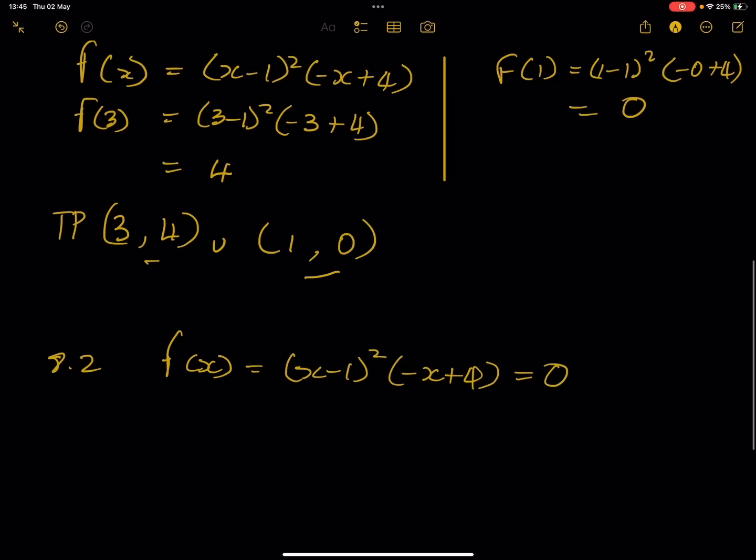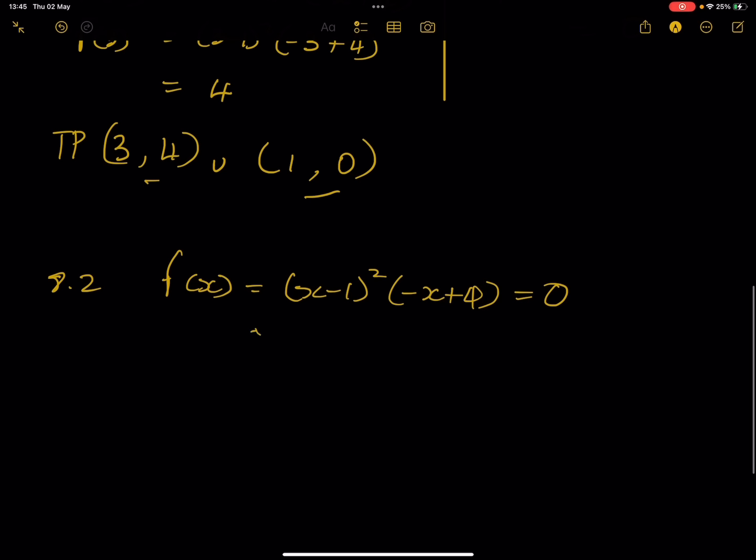That's equal to 0, right? So we know that x will be equal to 1, or in this case, x will be equal to negative 4, because that will be minus 4 plus x equal to 0, and so x will be equal to negative 4.